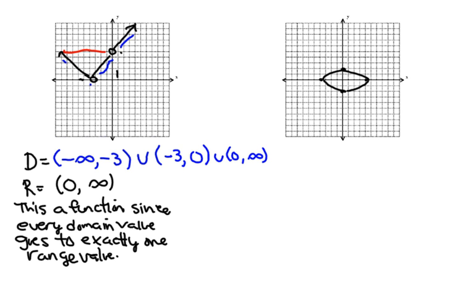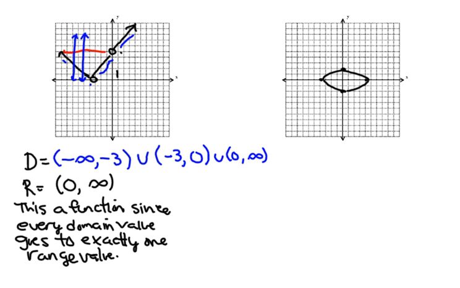Now, we could talk about the vertical line test. No matter what type of vertical line that I draw, I'll draw a couple just to show. At most, it's touching this graph exactly once. Okay? So no matter what vertical line I draw, it's only going to touch that relation at most one time. So this is a function.